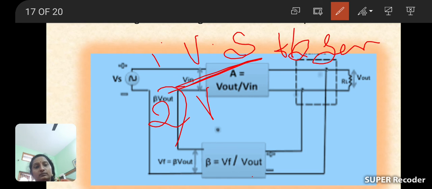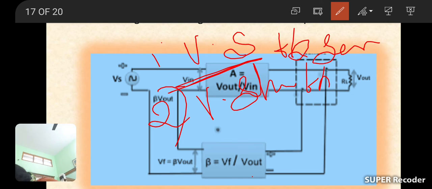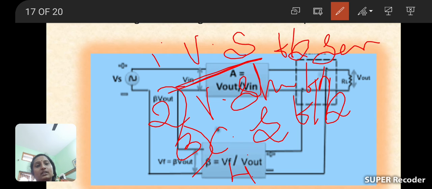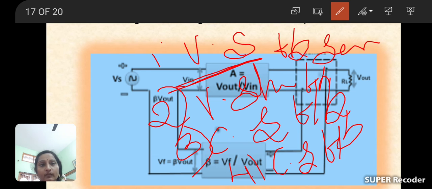Next one is the voltage shunt feedback amplifier, the next one is the current series feedback amplifier, and the last one is the current shunt feedback amplifier. Okay, how many types of feedback amplifiers are there based on the parameter and their connection?